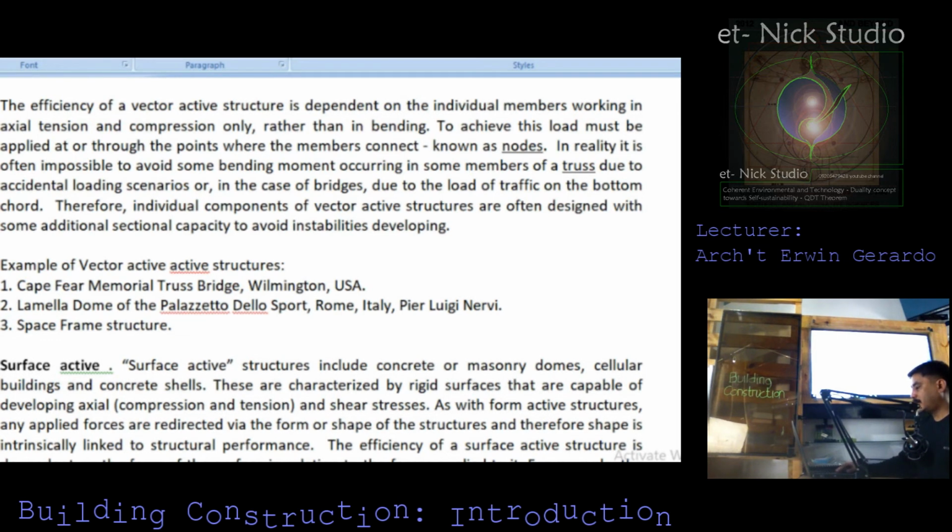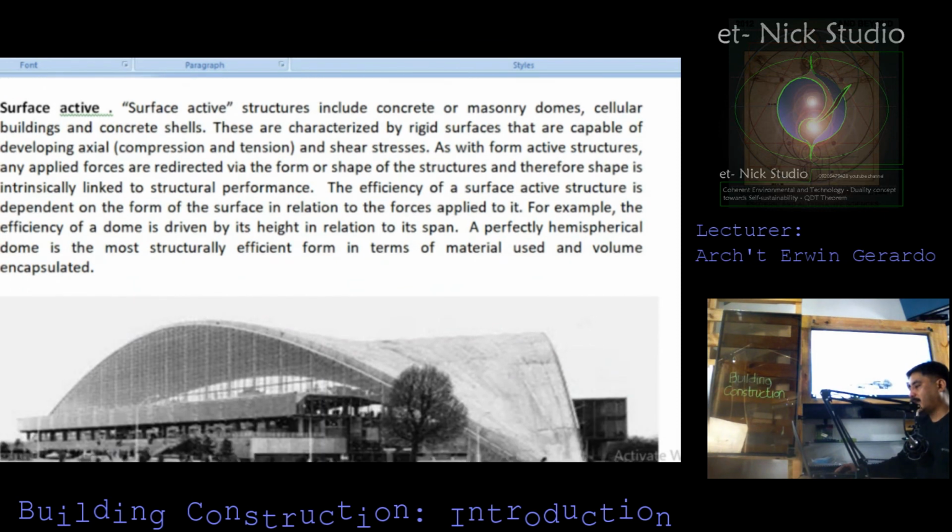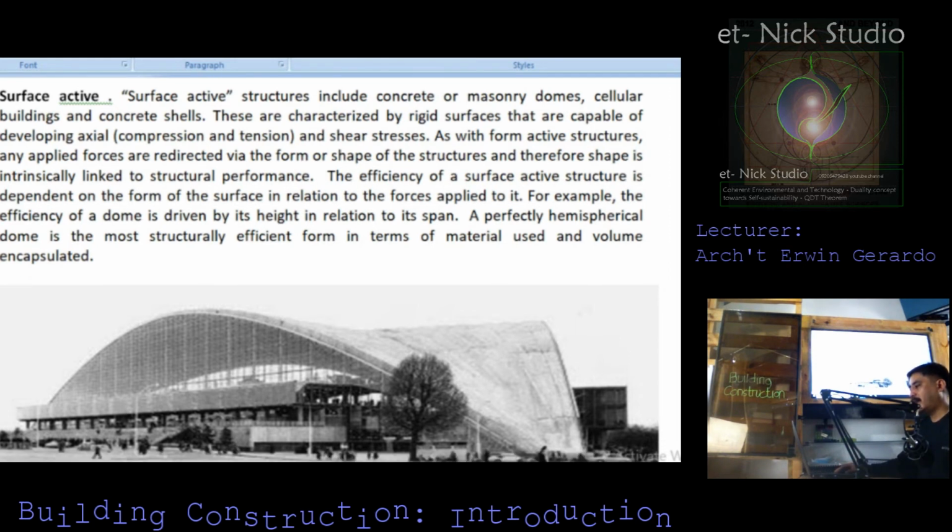Now, let us discuss the surface active form. Surface active structures include concrete or masonry domes, cellular buildings, and concrete shells.